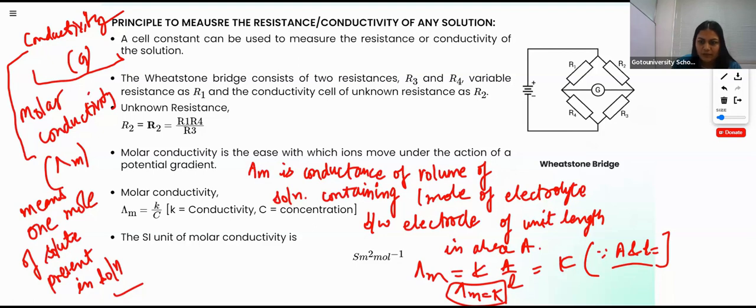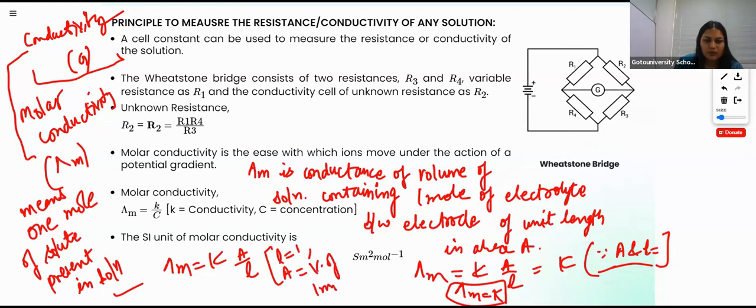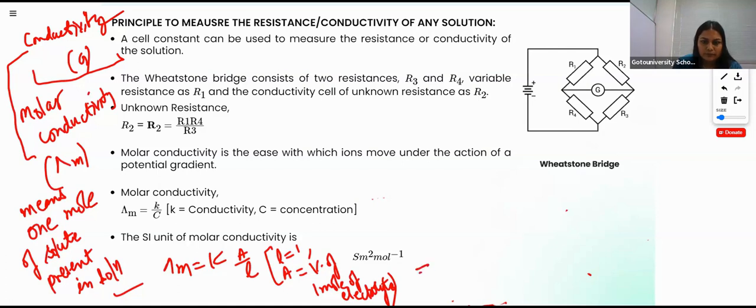Okay, now if we take in this relation lambda m is equals to kappa A by L. If we take here L is equals to 1 and A is equals to volume of 1 mole of electrolyte, this will become lambda m, that is molar conductivity, is equals to kappa into V, all right.